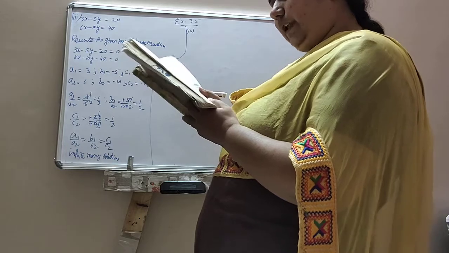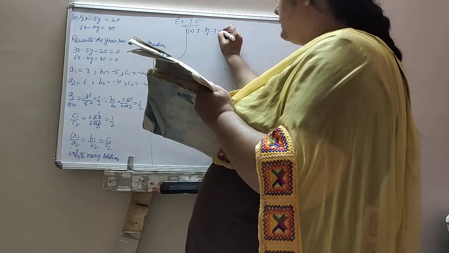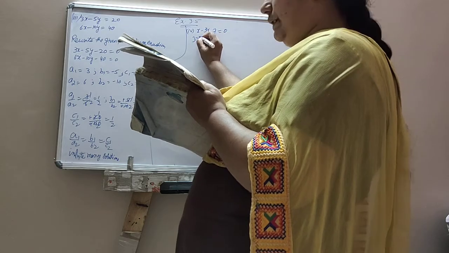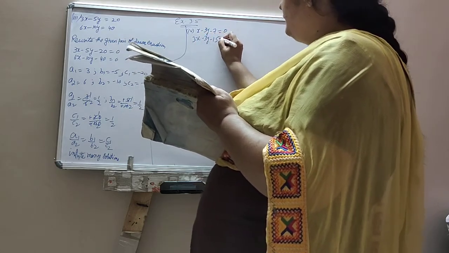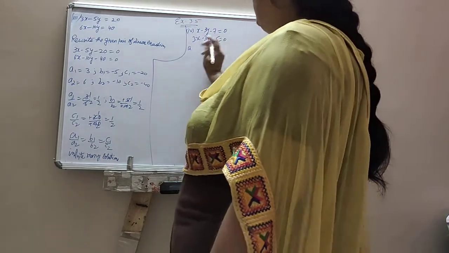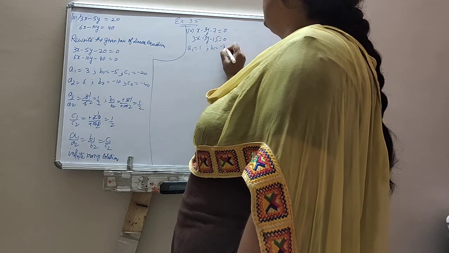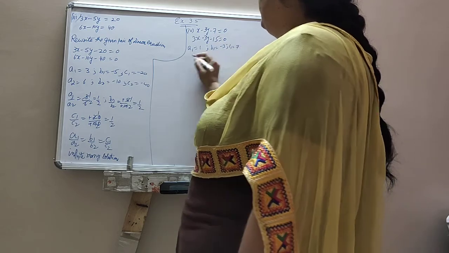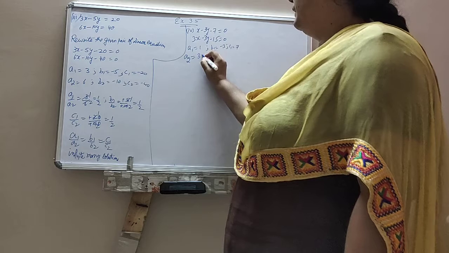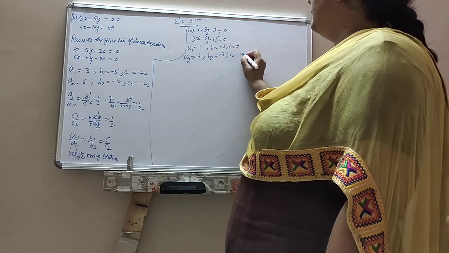Okay. Now, it is x minus 3y minus 7 equal to 0, 3x minus 3y minus 15 equals to 0. a1 is already on the left side. a1 is 1, b1 is minus 3, c1 is minus 7. a2 is 3, b2 is minus 3, c2 is minus 15.